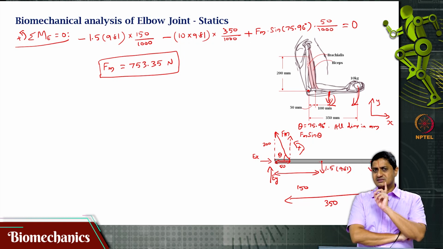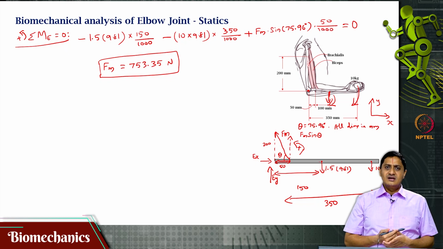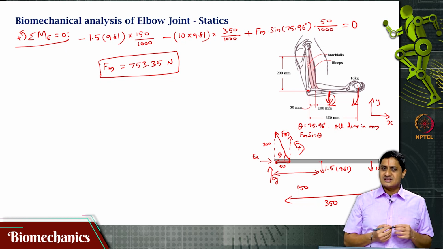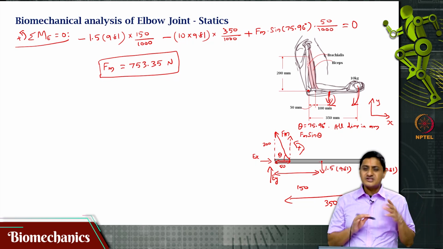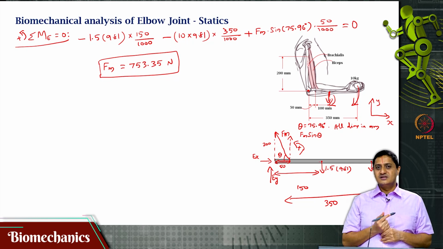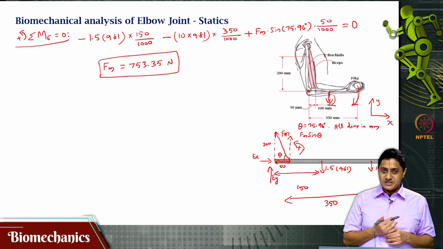But there is a problem: the muscle force is not acting perpendicular. So, it is not going to be a simple multiplication, there is going to be something else. There are the sin thetas that are coming into the picture. Let us assume for the sake of discussion that this is acting vertically upwards.